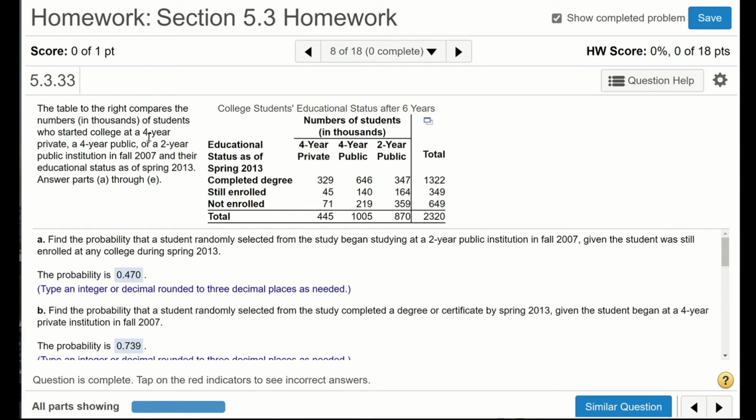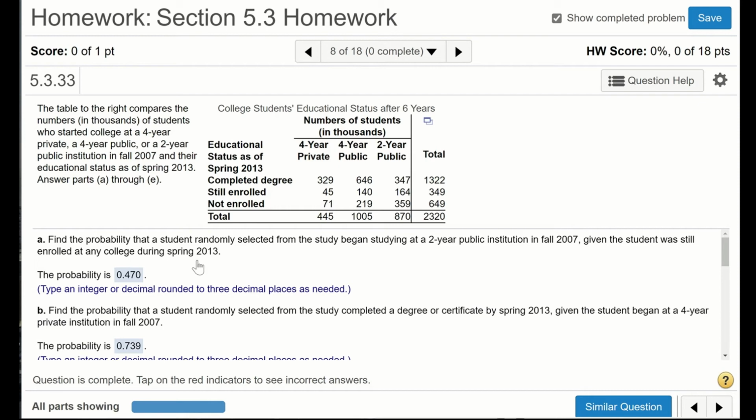And the starting year for the 2 or 4-year institutions was 2007. So the first thing we want to do is find the probability that a student randomly selected from the study began studying at a 2-year public institution in fall 2007, given that the student was still enrolled at any college during the spring of 2013.